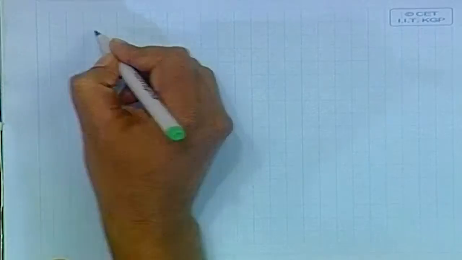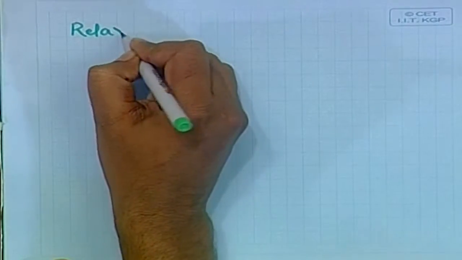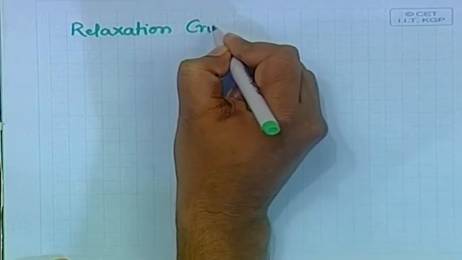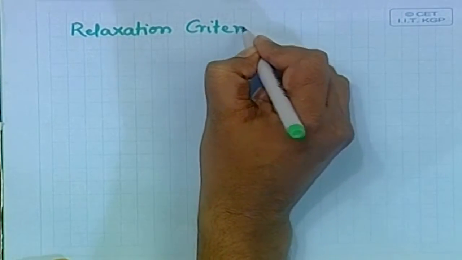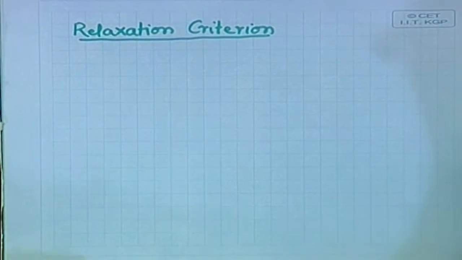Similarly, we have also talked about the relaxation procedure, or the relaxation criteria. The problem faced with the perceptron criteria is that we can have a solution vector which is just on the boundary.